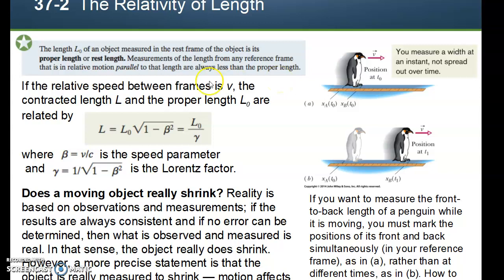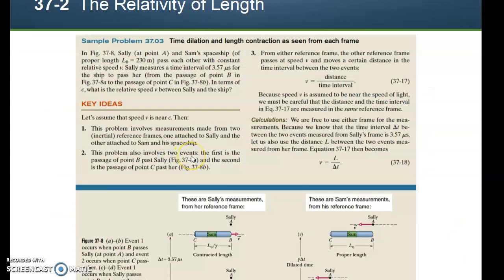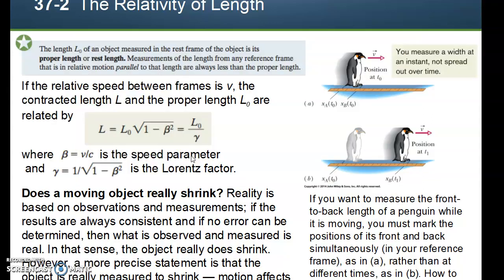So if the relative speed between frames is v, the contracted length L and the proper length are related by this same Lorentz factor, only here L is the proper length divided by this factor. You've got your beta parameter again, which is your speed parameter, and your Lorentz factor again.